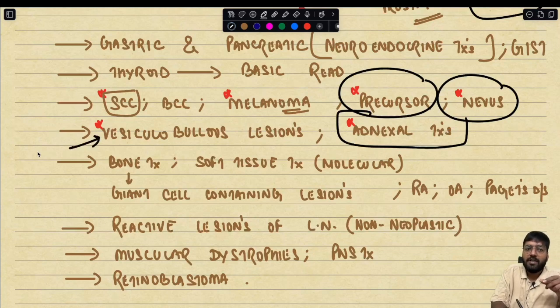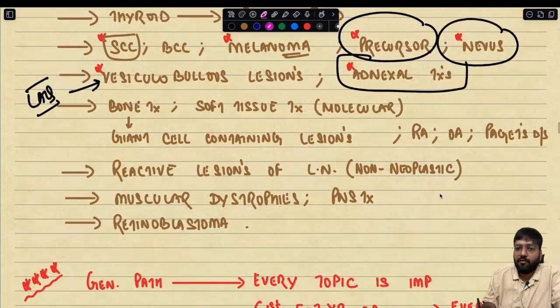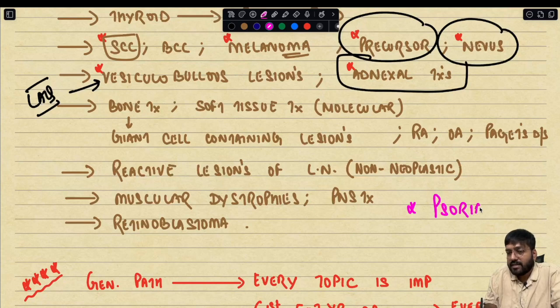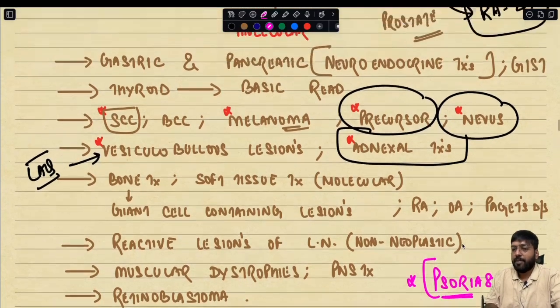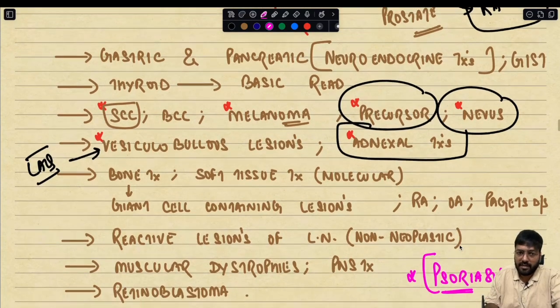A very important LAQ which is asked is vesiculobullous lesions. And one important thing that I forgot, I'm adding right now, is psoriasis. The pathogenesis of psoriasis, as well as the microscopic examination and histopathology of psoriasis, is very commonly asked in the exam. It came last year also, and I will be covering it very soon on our website and application. Psoriasis can be asked in the exam.